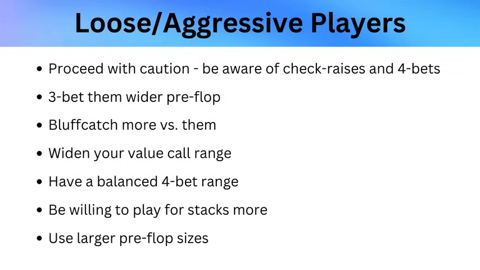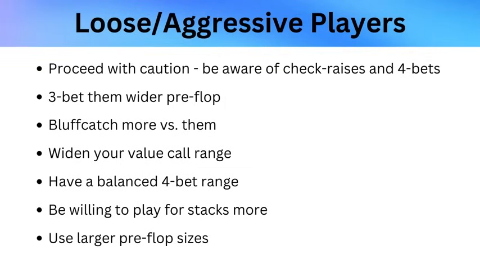You can 3-bet them wider pre-flop because they are going to have a wider opening range, so they are going to have to fold their bad hands to 3-bets. Aggressive players also tend to not love folding, so if you are going to 3-bet them wider pre-flop, then you should be prepared to follow up with the aggression post-flop, because at the end of the day, we're all dealt the same 2 cards, right?